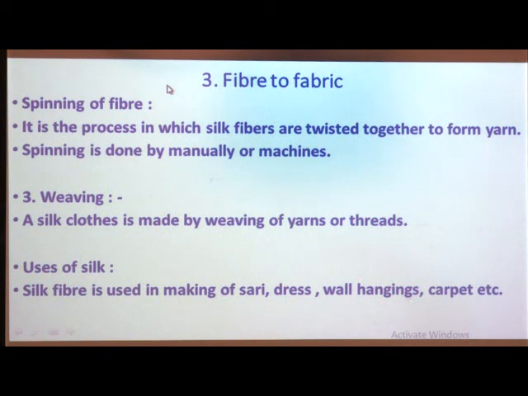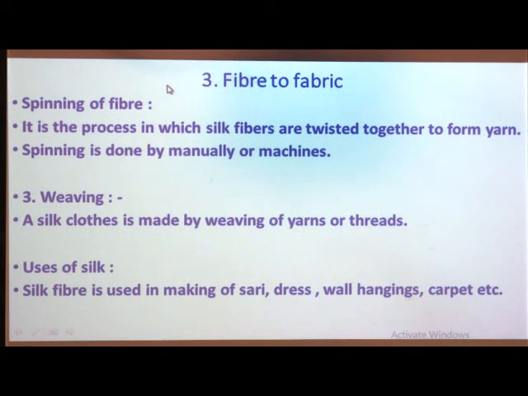In this silk fiber topic we saw that there are two major steps to obtain silk fiber from cocoon. First, rearing of silkworm, and second, processing of silk. In the first step we have to rear these silkworms.